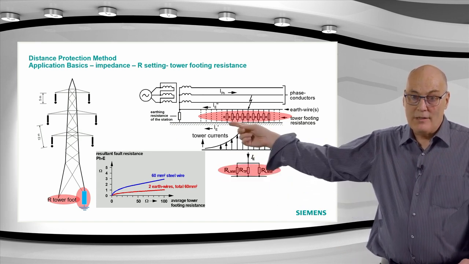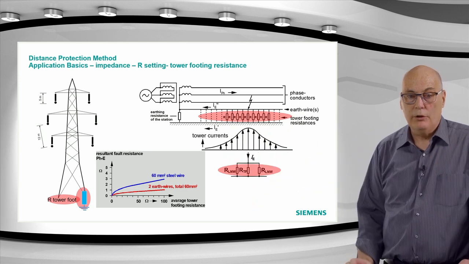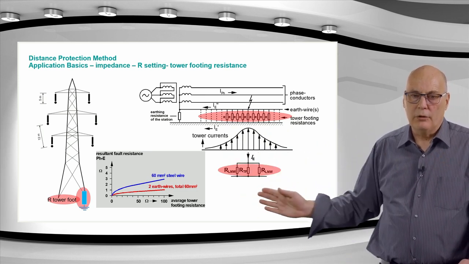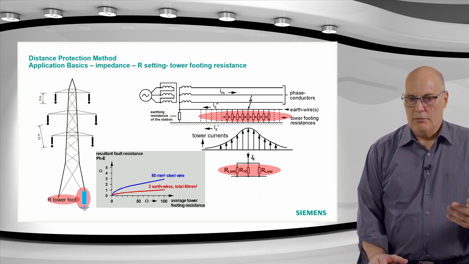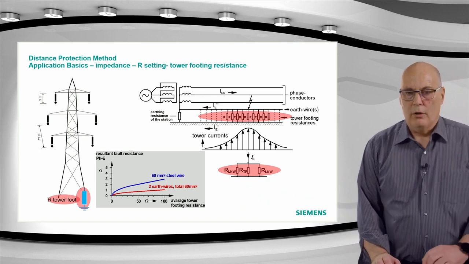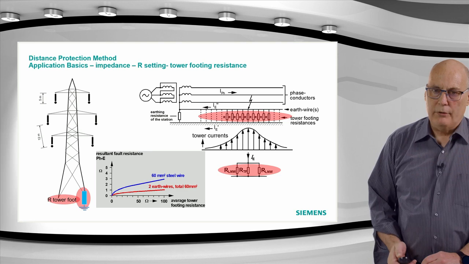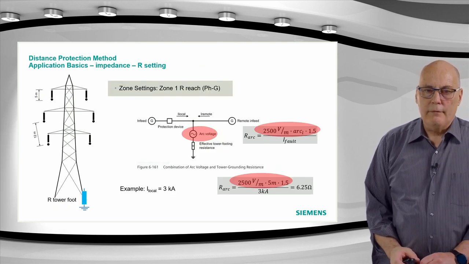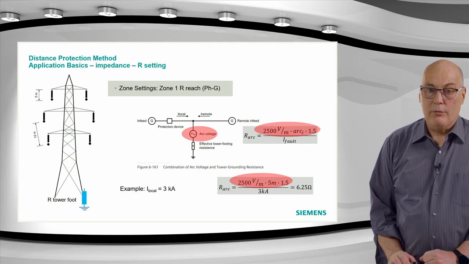And this, our tower, is a single earth wire, so we are on the blue curve. And then based on what each tower footing resistance is, you can estimate a resistance of about 2 or 2.5 ohms for the tower footing resistance.